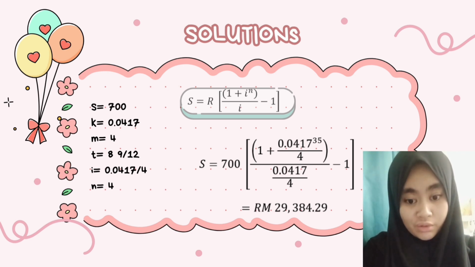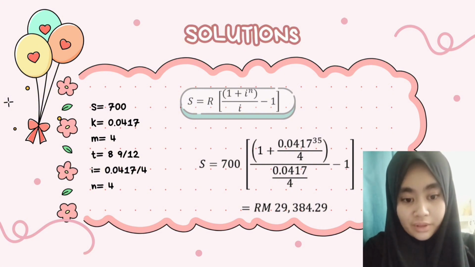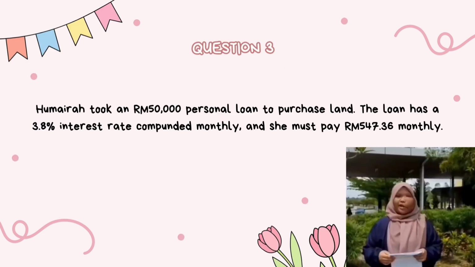So, S equals 700, open bracket, 1 plus 0.0417 over 4, to the power of 35, minus 1, divided by 0.0417 divided by 4, and then close the bracket. Finally, the total accumulated amount at the end of 8 years and 9 months is approximately RM 29,003.429.